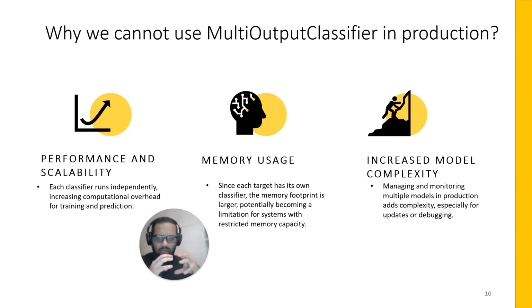We just checked this for a small database, the Titanic database. Consider a huge production database. It will be a computational overhead for training and for prediction. Then, as you have different classifier models, you will have a larger memory footprint, potentially becoming a limitation for the system and restricting all the memory capabilities.